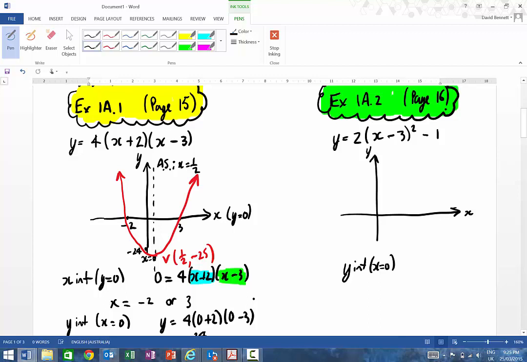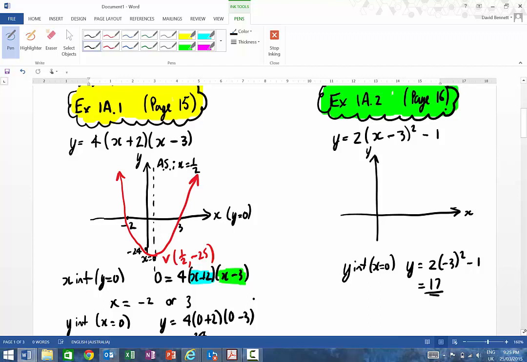Right, so in this particular case over here we're going to have y is equal to 2 times by negative 3 squared take 1. So negative 3 squared is going to give me 9, times that by 2 is 18. 18 take 1 is going to give me an answer of 17.